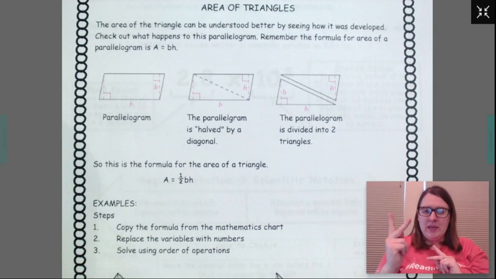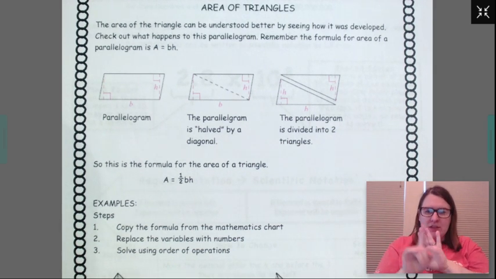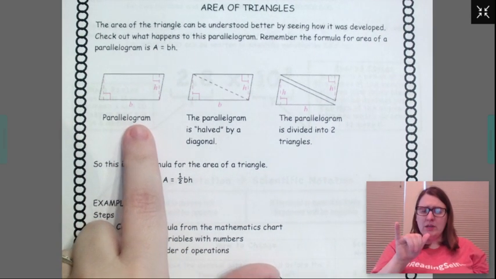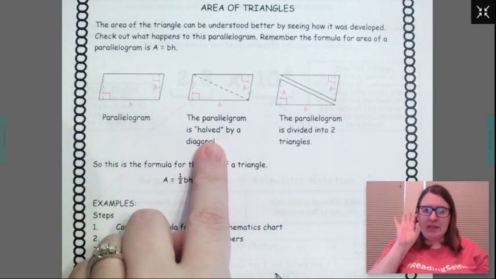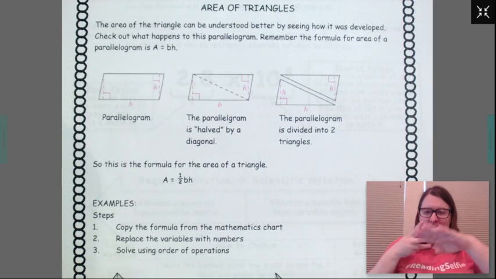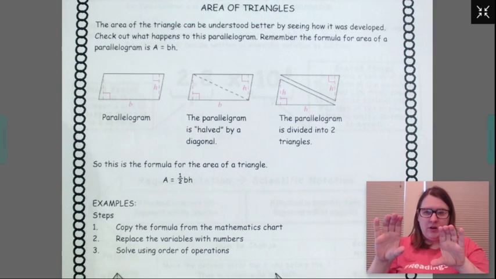Okay, so we're looking at the three rectangle pictures at the top of the page. So that one is a whole parallelogram. Okay, my second picture. It's now halved. It's cut into two pieces, two parts, right?